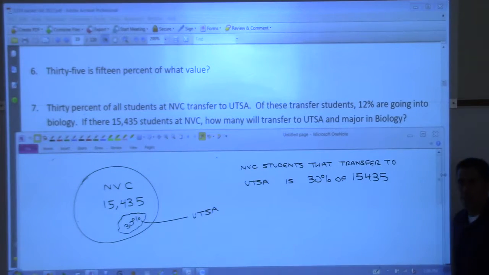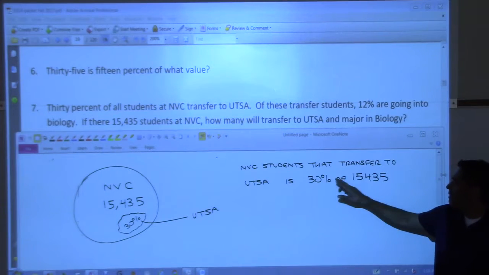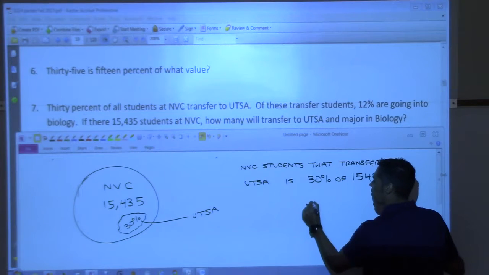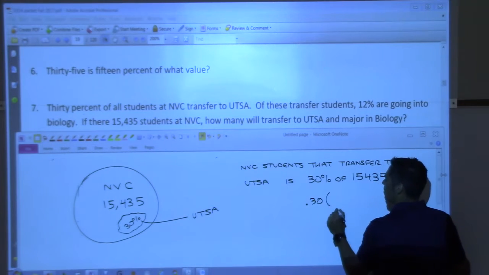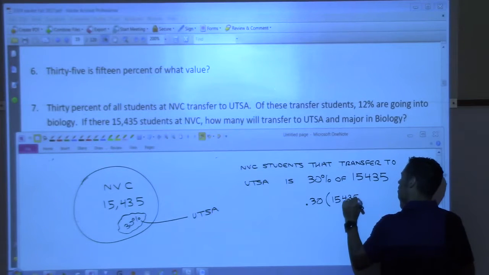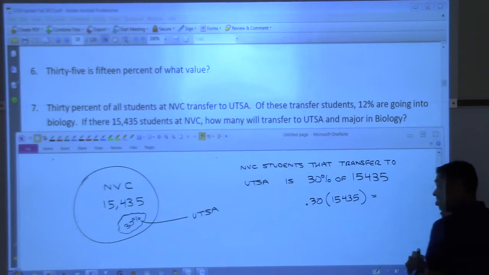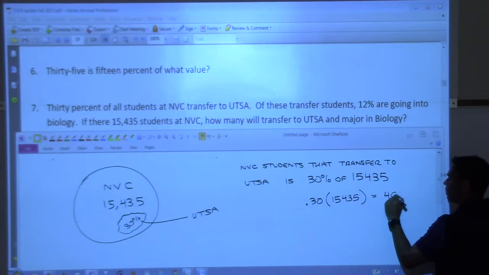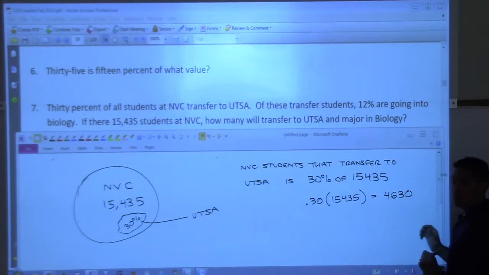Do you agree with that? So 30% of this is multiplication. So you're going to be doing 0.30 times, and again, I'm going to do the parentheses instead of a dot. And someone did that on their calculator, and what'd they get? 4,630. Okay.